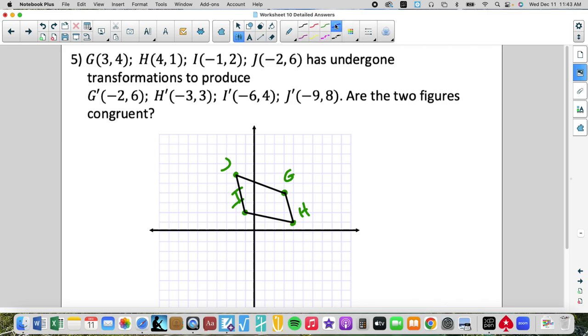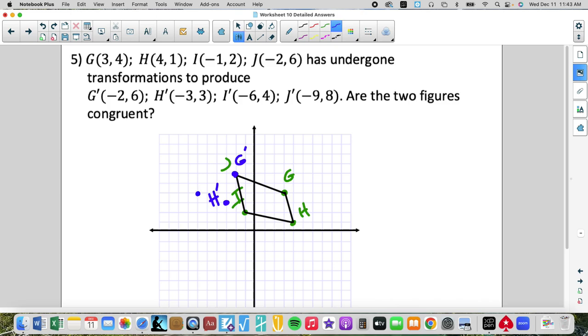Let's find its new point, (-2, 6), which is here. That is going to be G prime, which is on top of J. H is (-3, 1). Okay, that is H prime. I prime is (-6, 4).